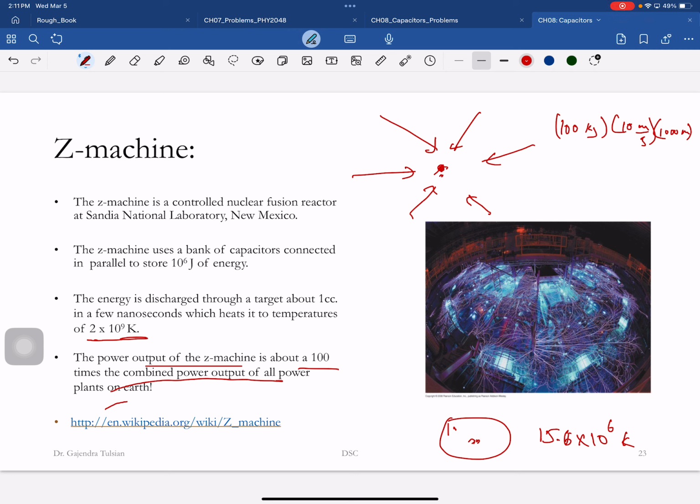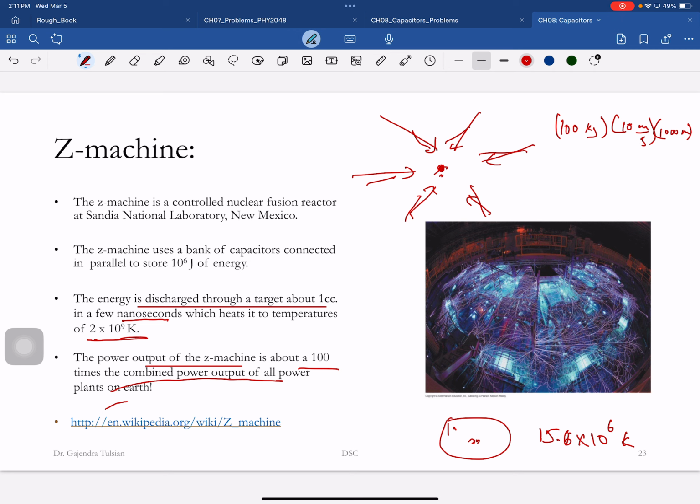This energy is discharged through a target about 1 cc. 1 cc is that much. In a nanosecond, a billionth of a second. So you saw that you need a capacitor to do that. You have a whole bunch of capacitors, and all these lasers are firing at the same time for a billionth of a second.